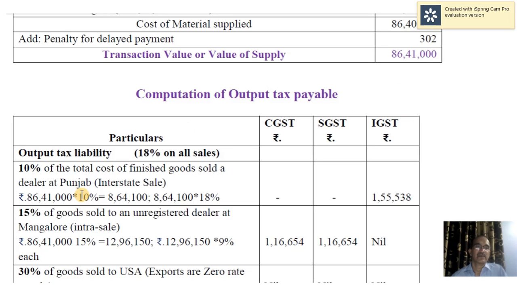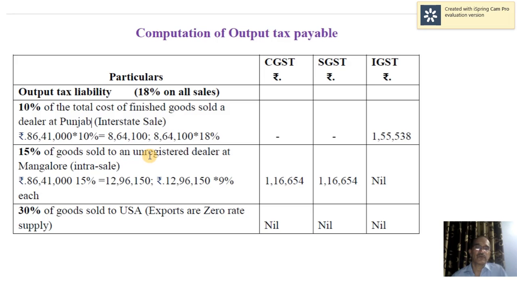On that you have to calculate 10%. So that is 8,64,100. On that you have to calculate 18%. See, on all supplies or sale, rate is 18%. Therefore 8,64,100 into 18% comes to 1,55,538.